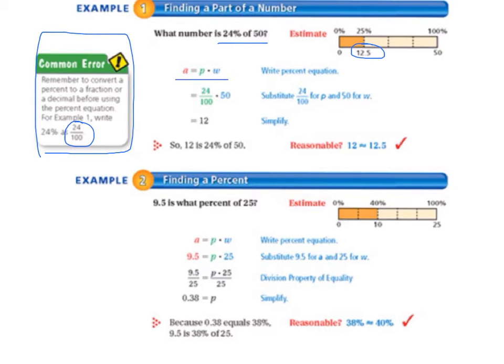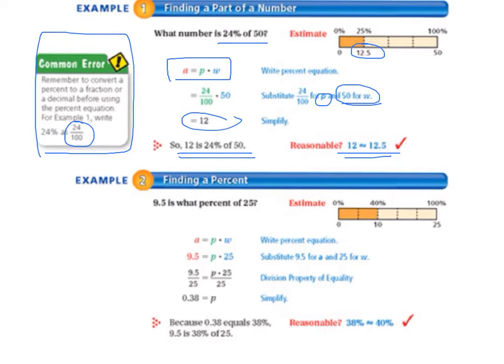So remember to write your percent equation, which is A equals P times W. And then we're going to substitute 24 over 100 in for P and 50 for W. So we are solving for A. So we simplify that and we get 12. So 12 is 24% of 50. And then we have to think about, is that close to our estimate? Is 12 close to 12.5? And it is.